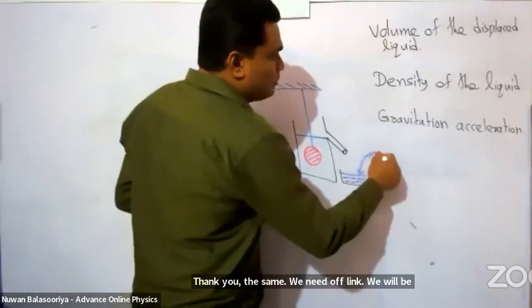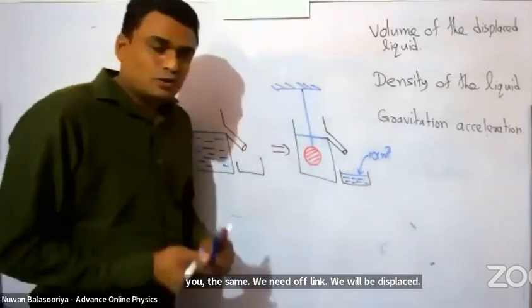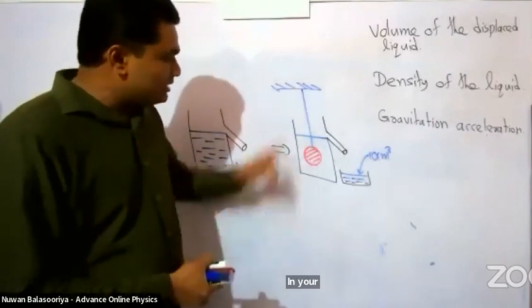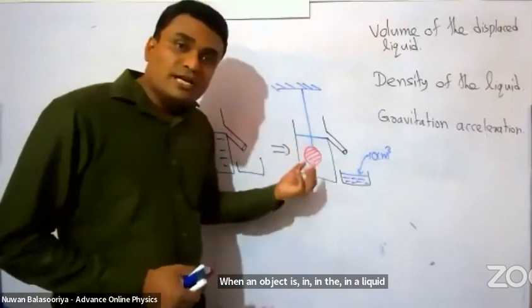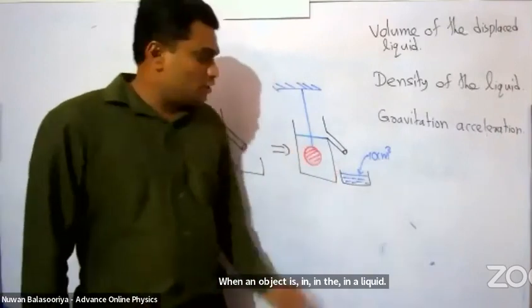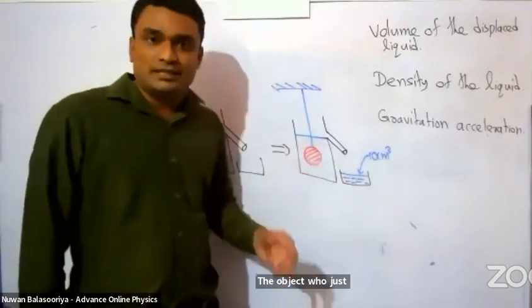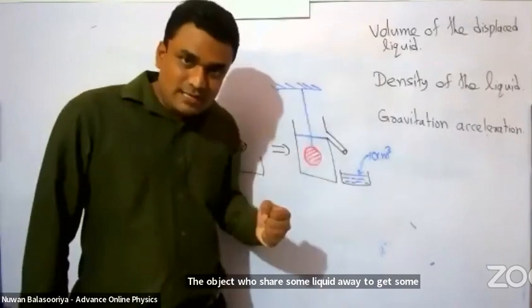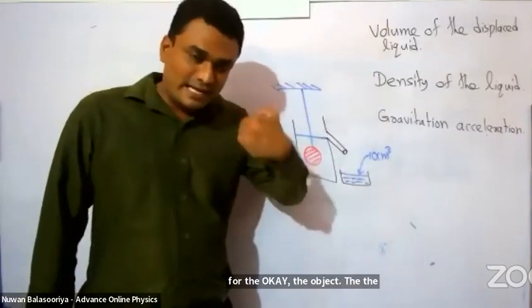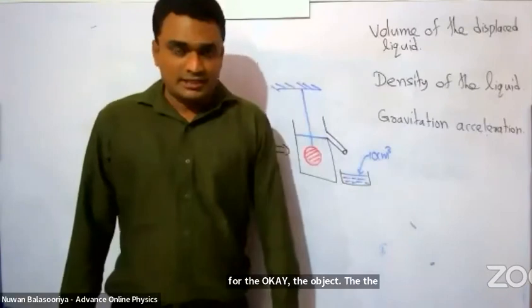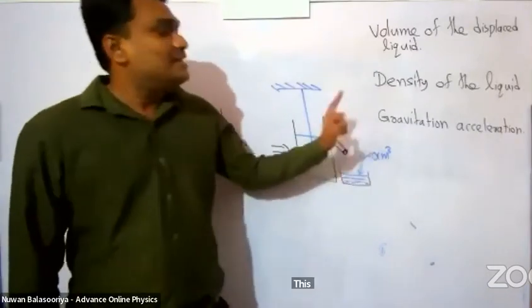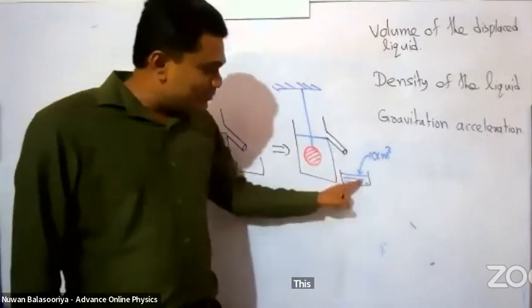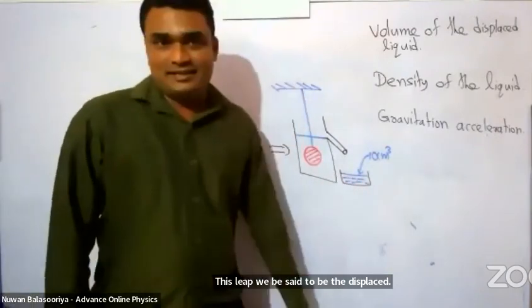So therefore, when an object is immersed in a liquid, the object pushes some liquid away to get some space for the object. The object takes the space of the liquid and liquid is pushed away by the object. This liquid is said to be the displaced liquid.